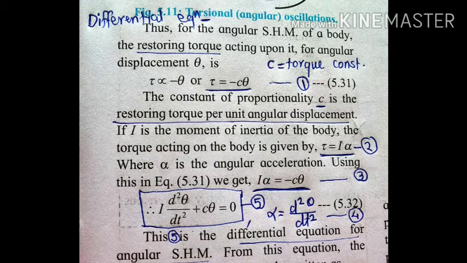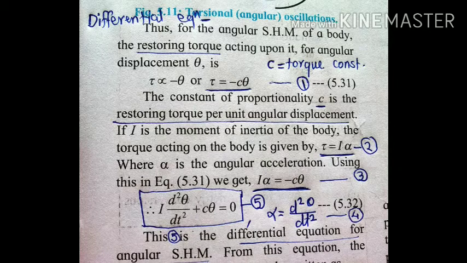The negative sign is because the direction of torque and the direction in which the angle increases, that is angular displacement increases, are opposite to each other. Then, using constant of proportionality C, this equation can be written as tau is equal to minus C into theta. This is equation number 1.